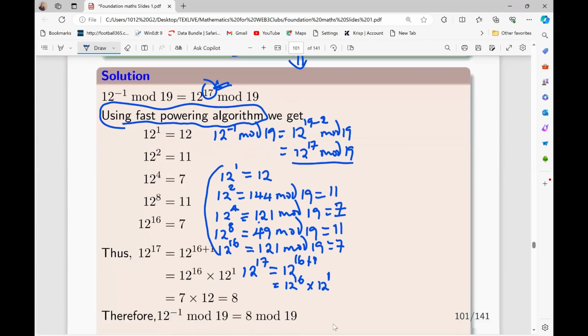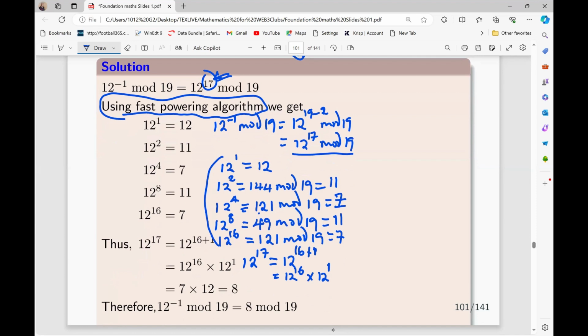What is 12 raised to 16? We have it as 7. What about 12 raised to 1? We have it as 12. This gives 84. And remember, our divisor is 19.